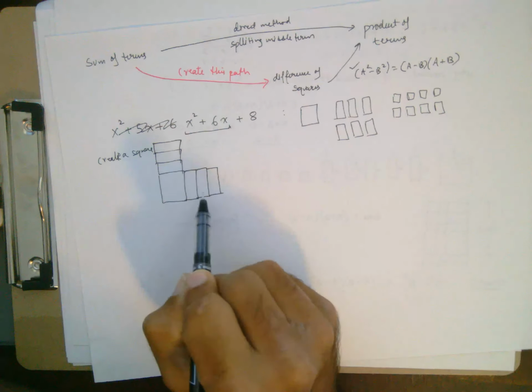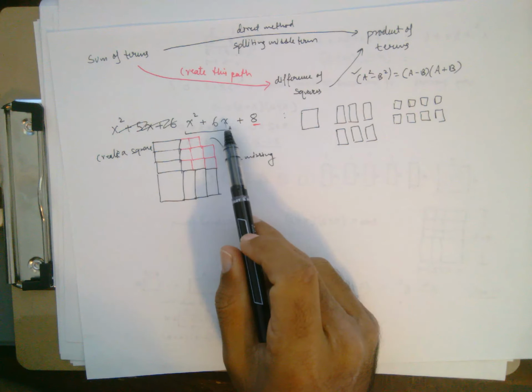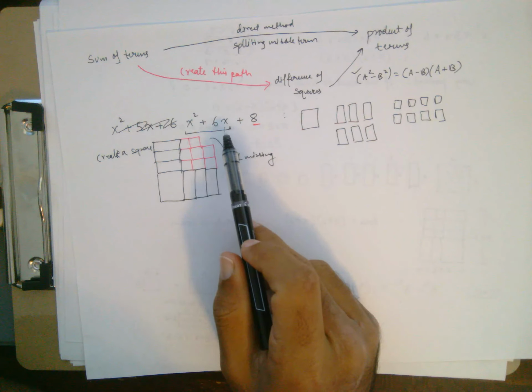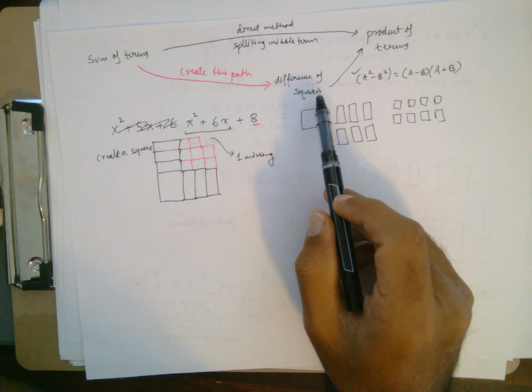But when I do that, I notice that I have 8 small pieces, so I can fill in 1, 2, 3, 4, 5, 6, 7, 8, but I have one missing part. Which makes sense because this is obviously not a full square, right? But that's fine. We are trying to create a difference of squares.